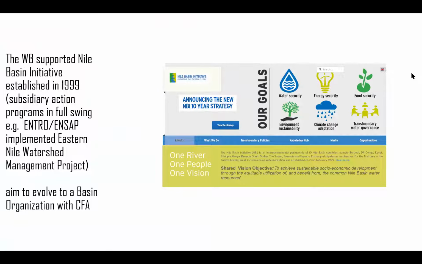Parallel to the ongoing economic growth and development efforts, the Nile Basin Initiative was launched in 1999 with the aim of evolving into a basin organization and formulating a comprehensive framework agreement on waters of the Nile. Remember, 40% of the land and 60% of Ethiopia's water resources is in the Nile Basin.